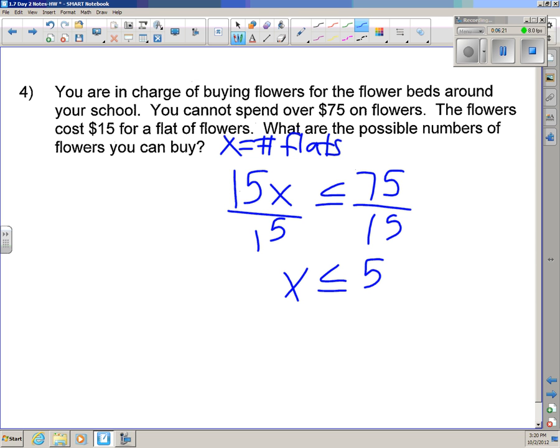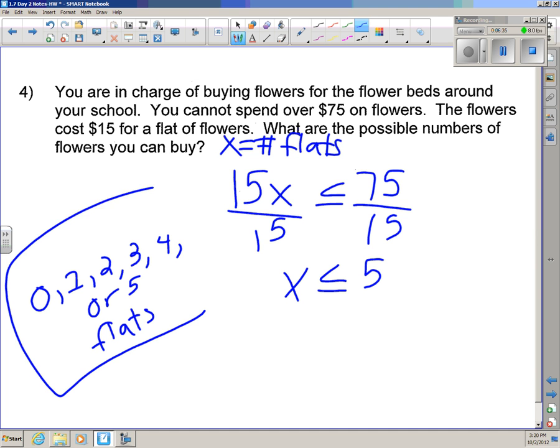So what are the possible amounts of flats you can buy? Well, you can buy none. It could really be 0, 1, 2, 3, 4, or 5 flats. Now, why would somebody buy 0? I have no idea. But what are the possible values? That's going to be 0, 1, 2, 3, 4, or 5. Okay. Next one.